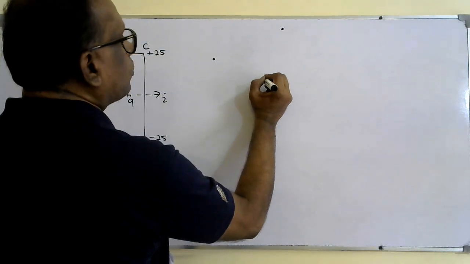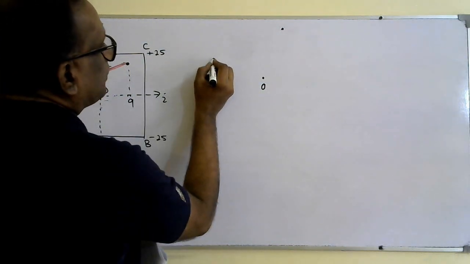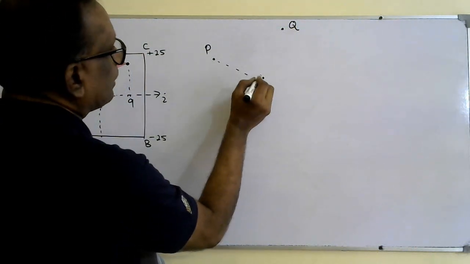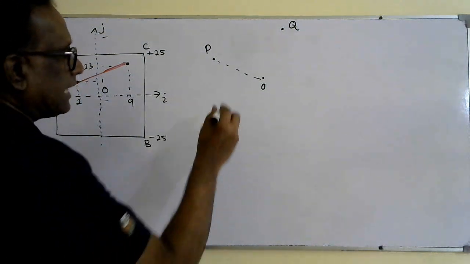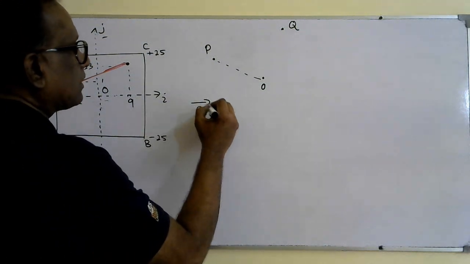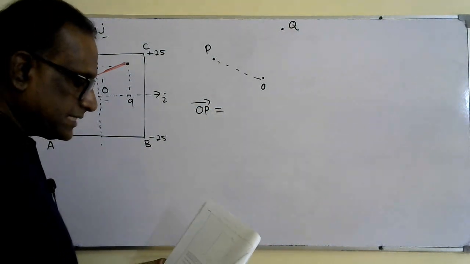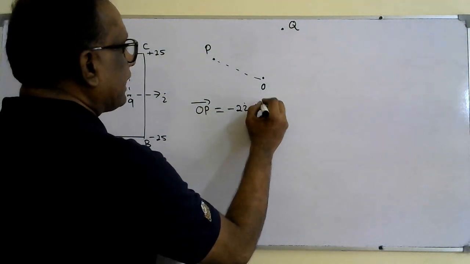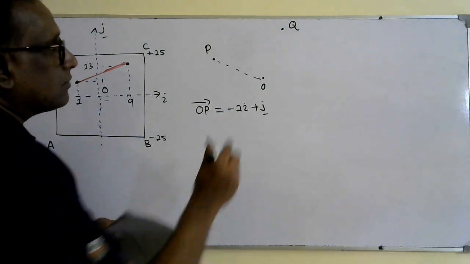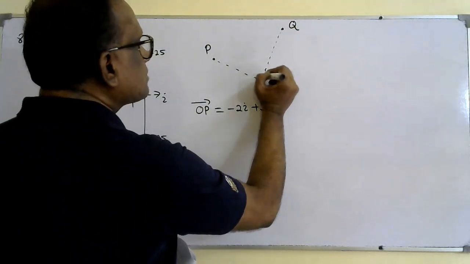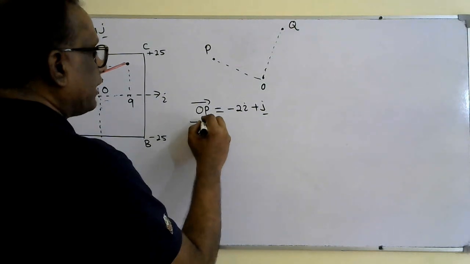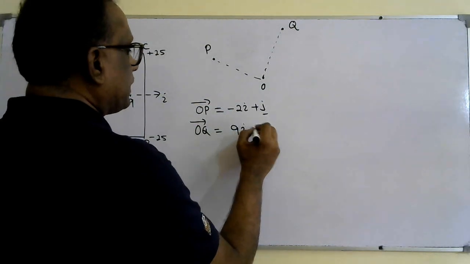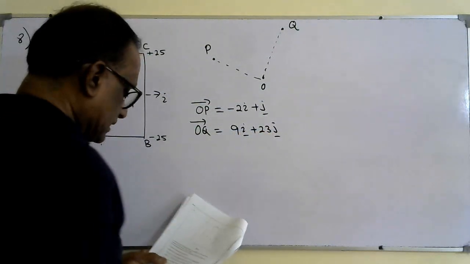This is the origin O. If I call this position P and this position Q, the vector OP is given as minus 2i plus j meters. Then the vector OQ is given as 9i plus 23j. This is A part.